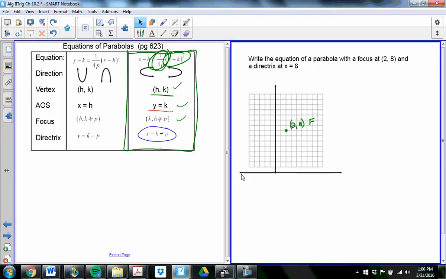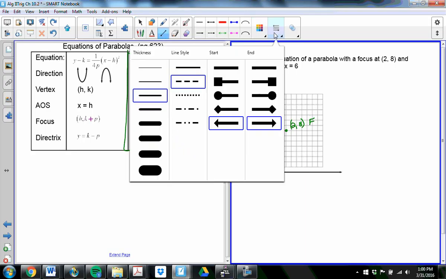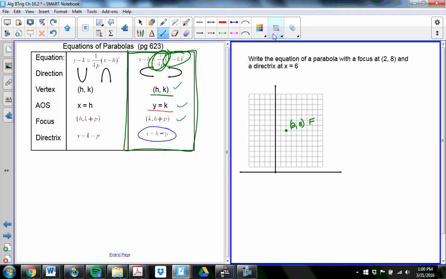There's my x-axis. There's the point 2, 8. The directrix is the line x equals 6. So 1, 2, 3, 4, 5, 6. This is my directrix.